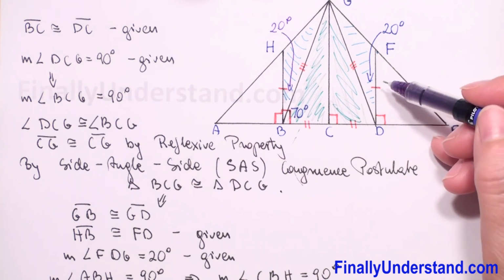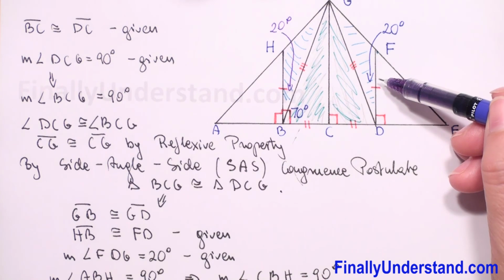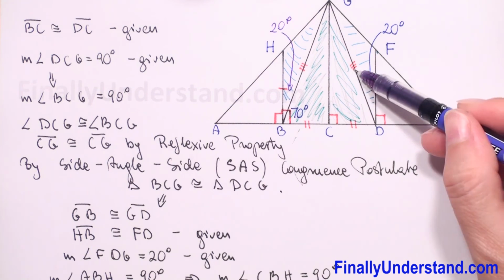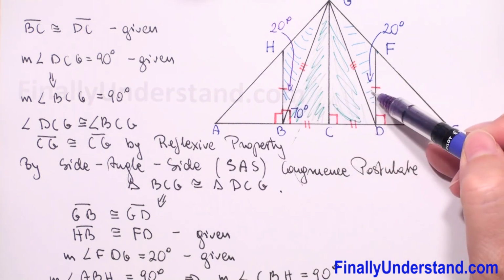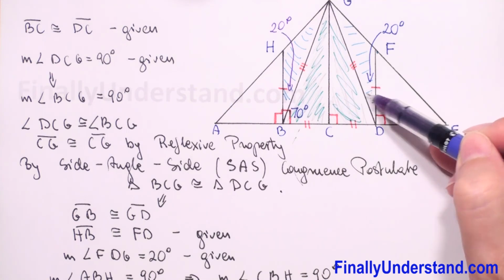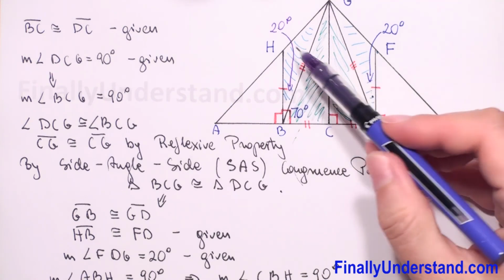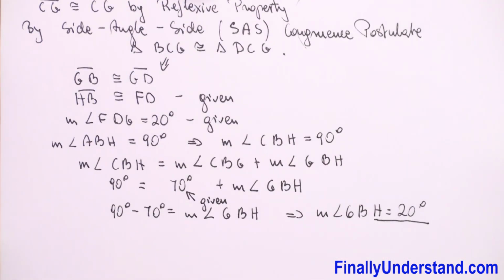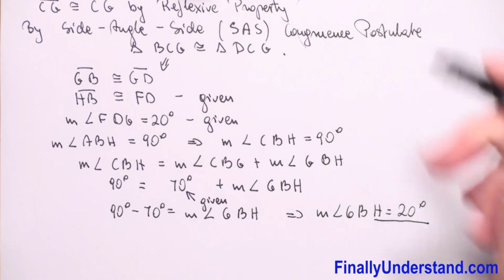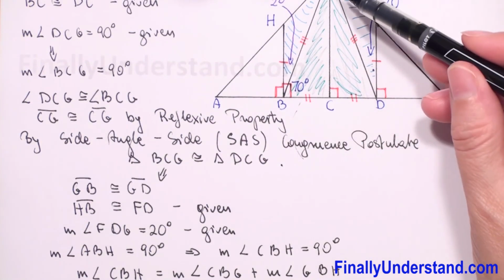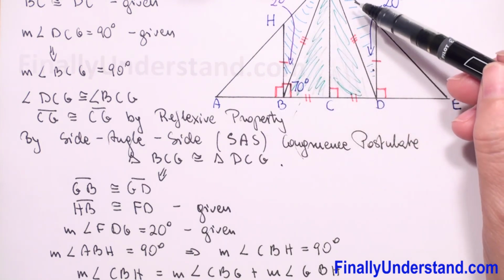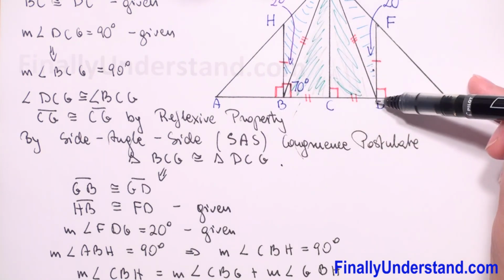So now we see that we have two triangles, the blue triangles, which have two congruent sides, and the angles between these two sides are congruent. They have 20 degrees. So by the side angle side congruence postulate, triangle GHB is congruent to GFD.